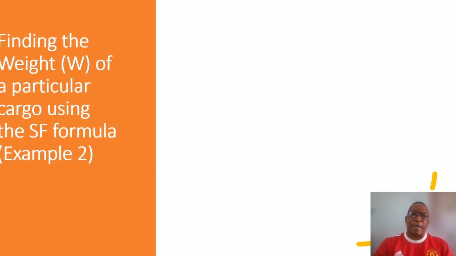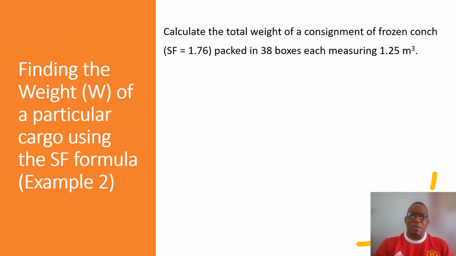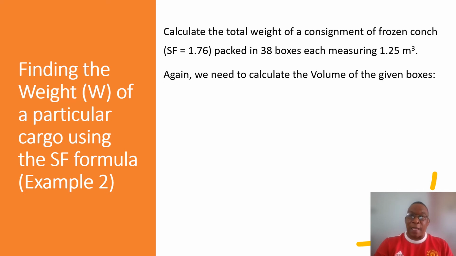Let us look at another example. We are going to calculate the weight of a consignment of frozen conch, stowage factor 1.76, and these are packed in 38 boxes, each measuring 1.25 cubic meters. Again, we need to calculate the volume of the given boxes.